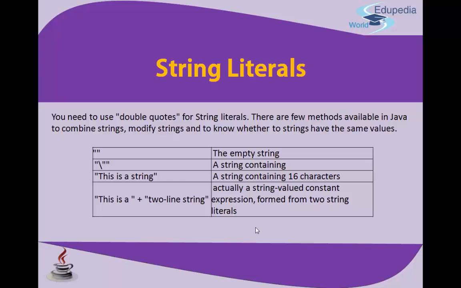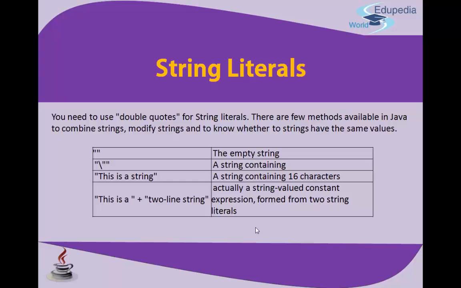There are a few methods, for example in Java, that you can use to combine strings, modify strings, and to know whether two strings have the same values. For example, if you have two strings, s1 and s2, and you want to concatenate them, let's suppose I love Java programming, you stored "I love Java" in one string, s1, and "programming" in the next variable, s2. So when you combine them with the plus operator, the strings will concatenate.